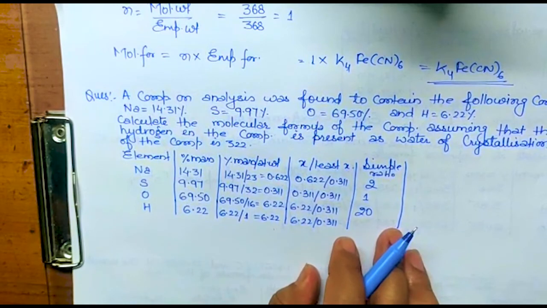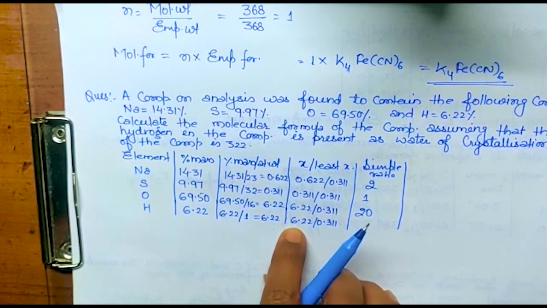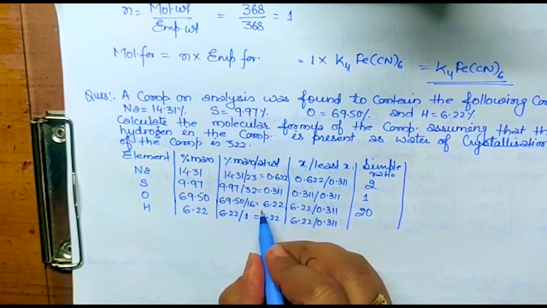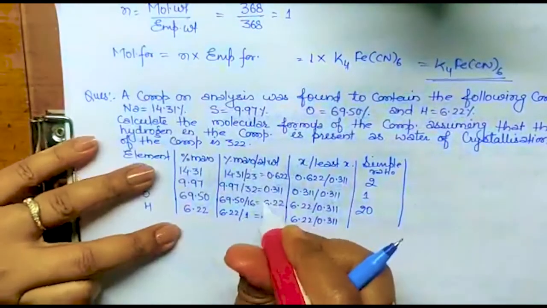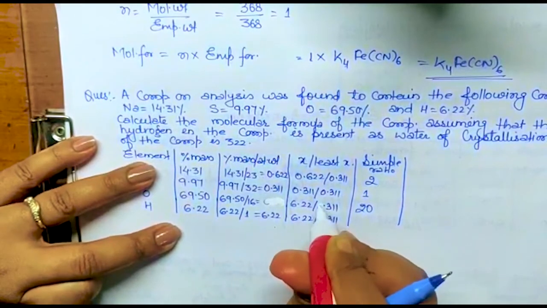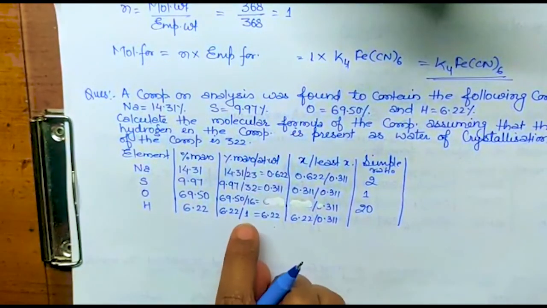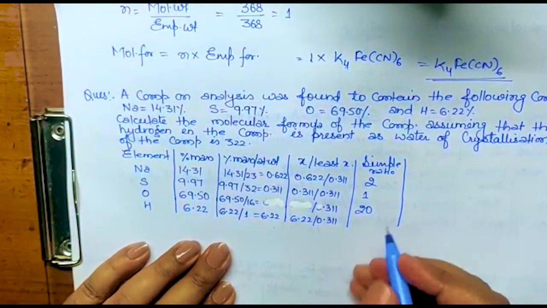Hydrogen is 6.22, yes, and oxygen is coming 4.34. Oh, yes, sorry, this is my bad. This is coming 4.34. Okay, so I will write afterwards.